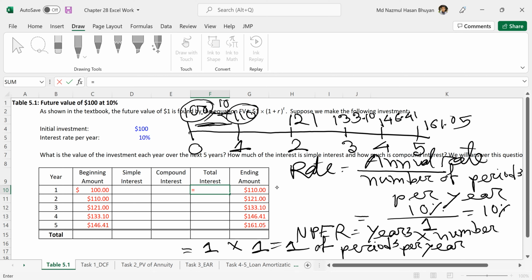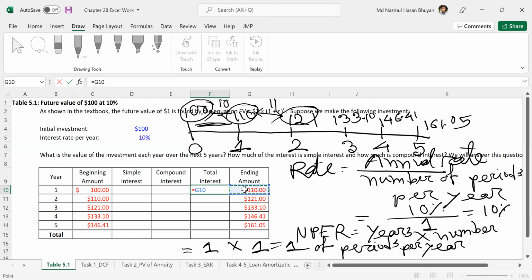Likewise, you started year number two with $110 and you end up with $121. So the gap here between the beginning amount and the ending amount is your total interest earned during year number two, which is how much? $11, and so on. So let us start.